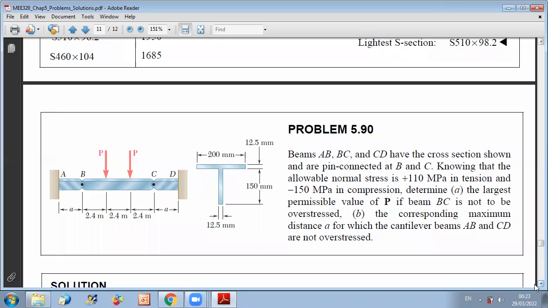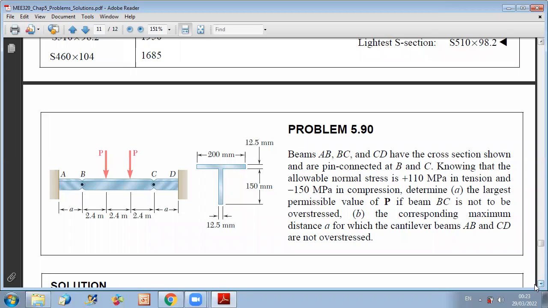So first, I should not reach a tension larger than 110 megapascal. I should not reach a compression stress larger than 150 megapascal. And I should check the calculation for the maximum positive moment and the maximum negative moment here, because C1 and C2 are different from each other.